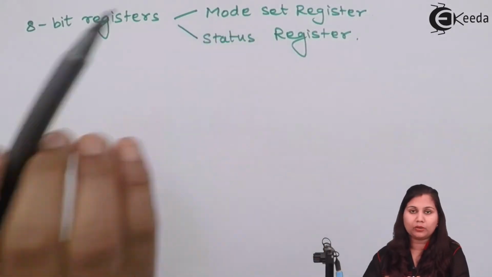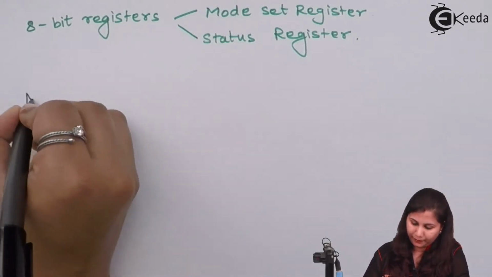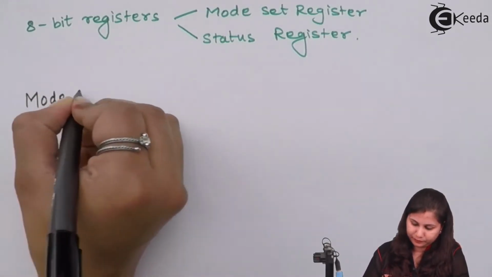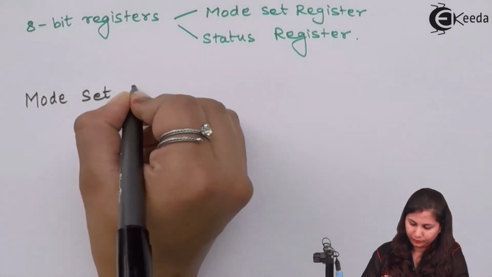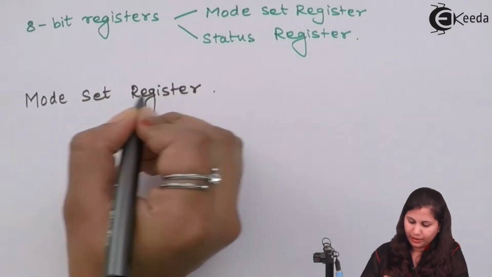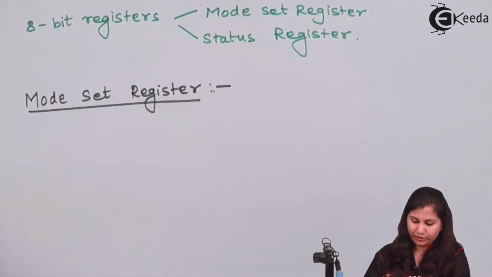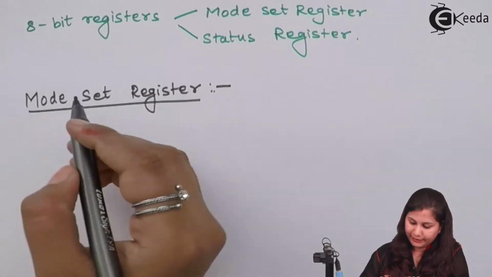First we will study the mode set register. Let us first see the format of this 8-bit register. It will have 8 bits.